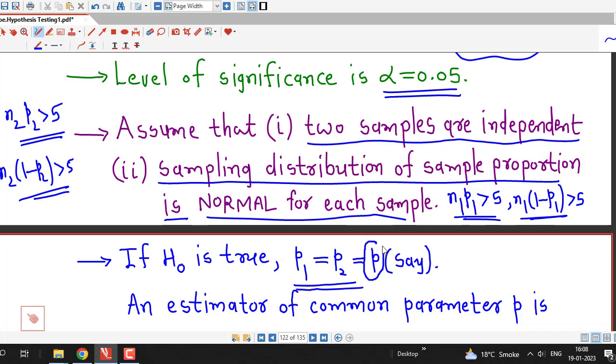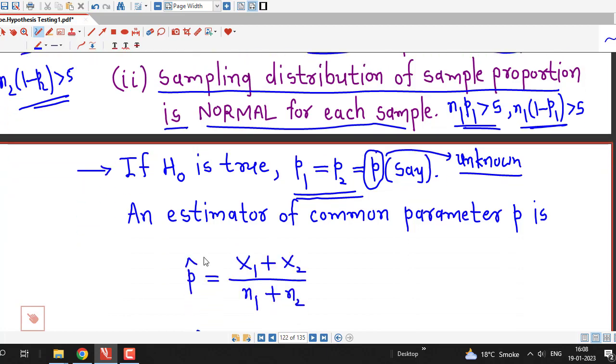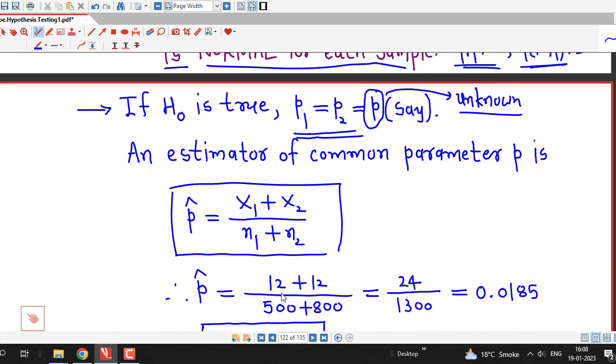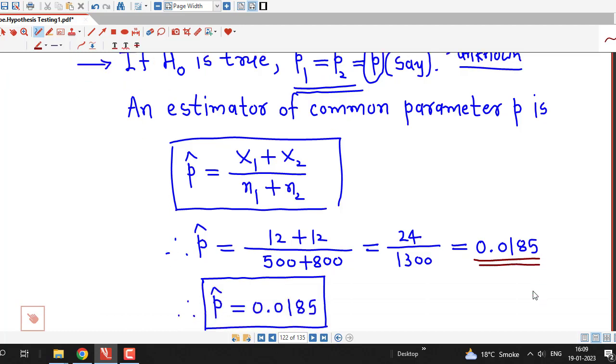Suppose the equal value is small p, and this is unknown, so we will estimate it using this estimator denoted by p hat, and the formula for p hat is (x1 plus x2) divided by (n1 plus n2). x1 and x2 both are 12, n1 is 500, n2 is 800, so we have 24 divided by 1300, and that turns out to be 0.0185.